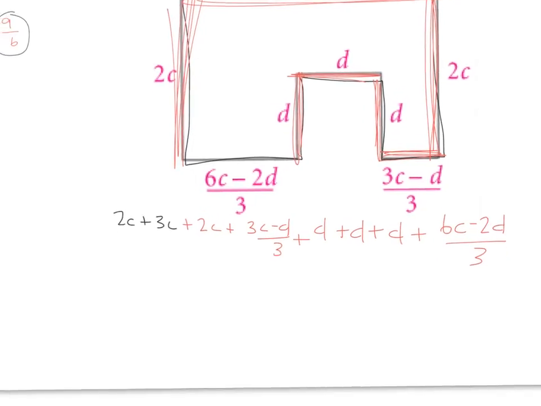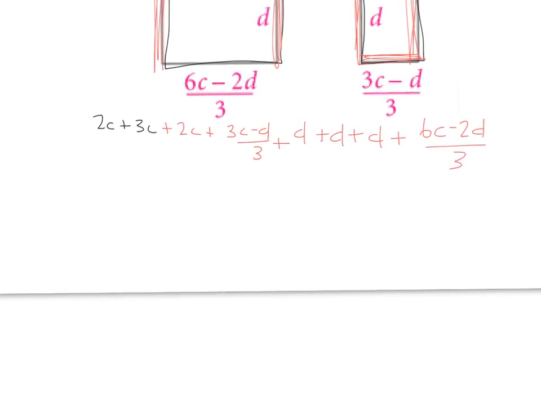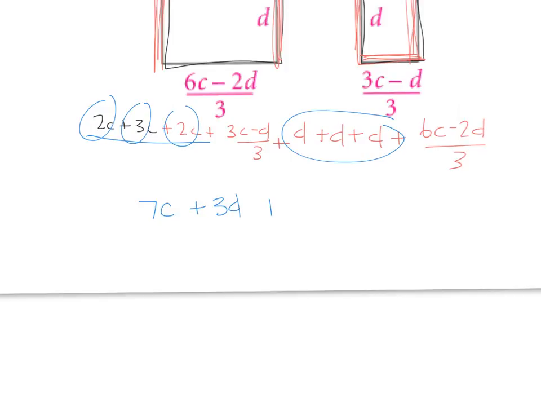So before, I know I'm going to have a common denominator because I have these fractions. I'm going to combine as much as I can before I get a common denominator. So the coefficients are 2, 3, 2. So that's going to be 7c's plus 3d plus, well, right now these two have a common denominator, so I can add the numerators. So it's 9c minus 3d all over 3.